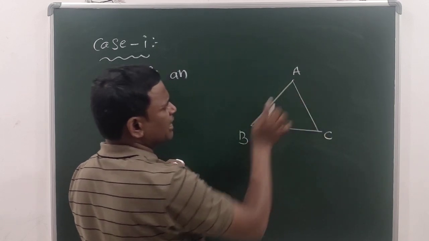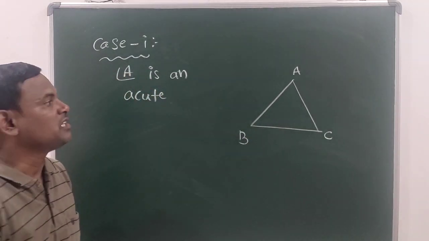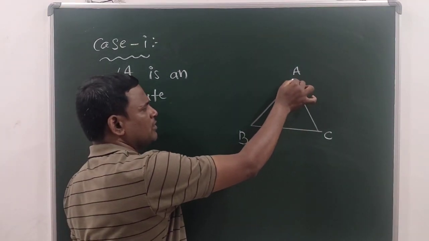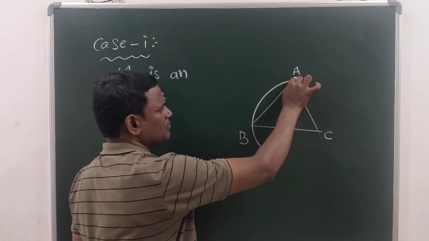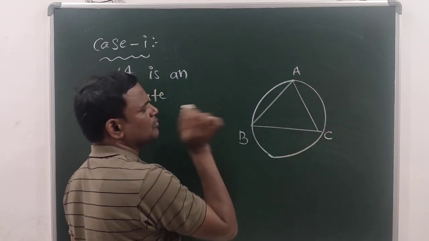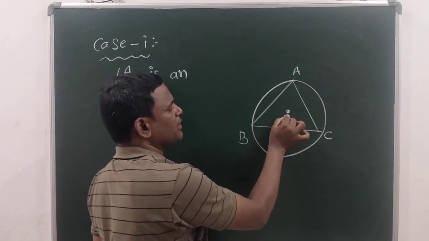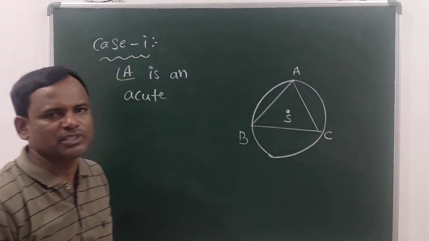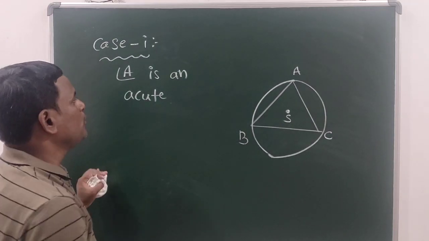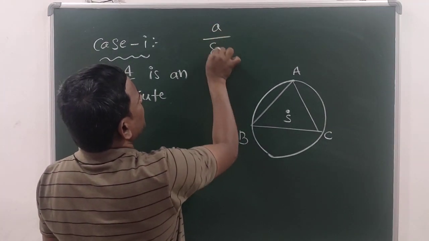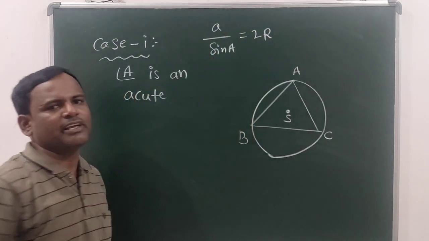ABC is a triangle in which angle A we have taken as acute. Now draw the circumcircle. We get the circumcircle like this, and we get its center over here. Let it be S, the circumcenter. Now here I am going to prove a by sine A is equal to 2R from this diagram.